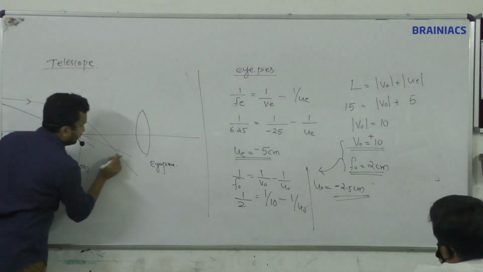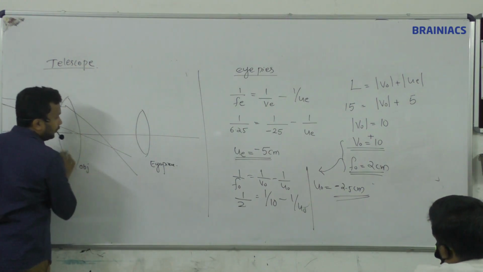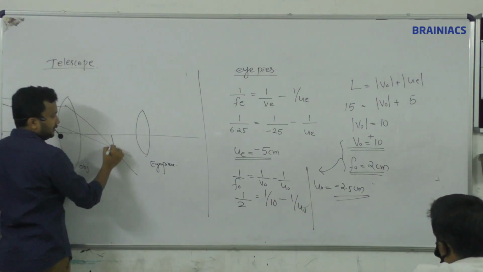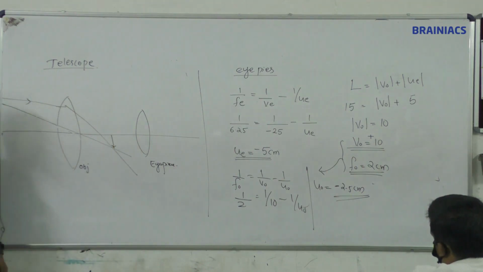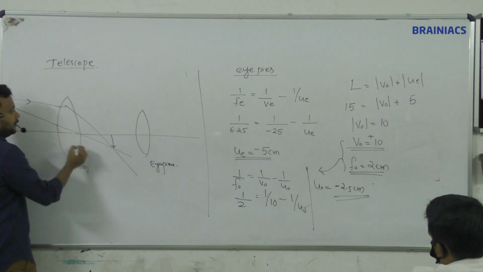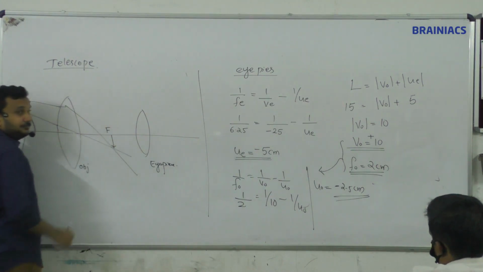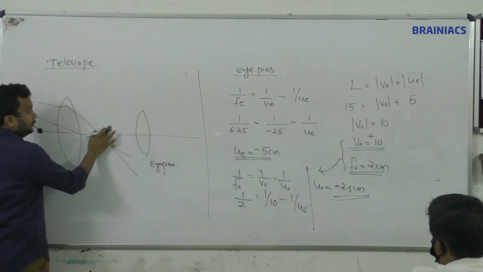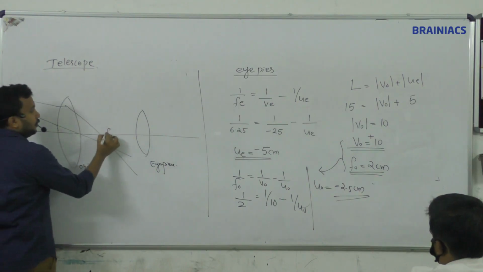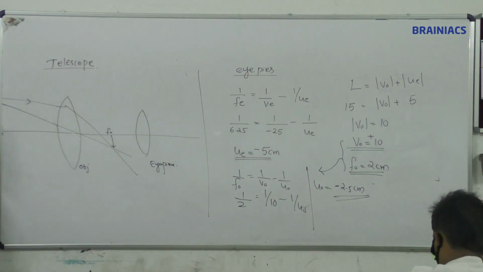So I will get a very small image. Where will I get the image? I will get an image at the focus of the objective lens.